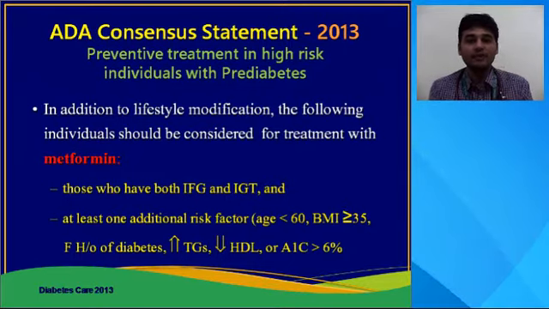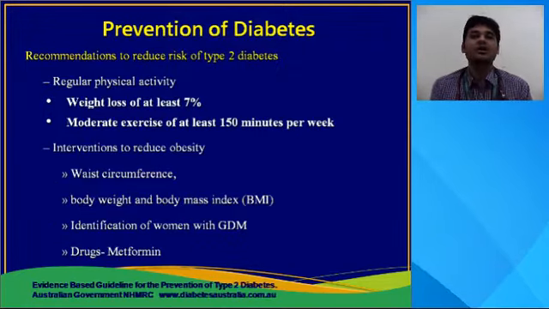ADA gives metformin for those individuals who have both impaired fasting glucose and also impaired glucose tolerance. And we have discussed some risk factors earlier: if the individual's age is less than 60, BMI is more than 35, there is family history of diabetes, increased triglycerides, reduced HDL, and HbA1c more than 6, all are considered.